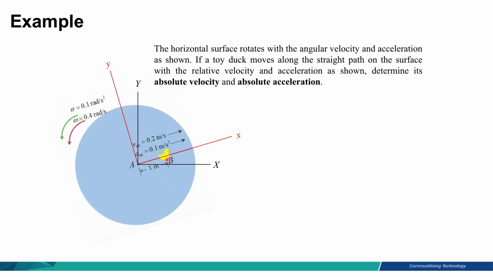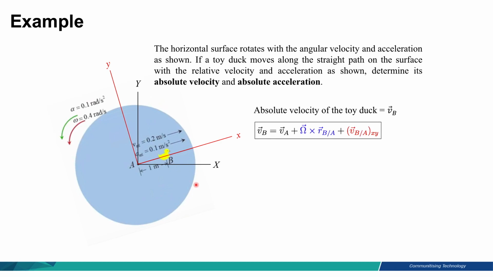In this case, you can see that the toy duck is rotating about point A and also moving away from point A. So to calculate the velocity of the toy duck, we have to use the velocity equation of the rotating axis case. So the absolute velocity of the toy duck is equal to VB. According to the equation that we have derived previously, VB is equal to VA plus omega cross rb/a plus vb/a xy.